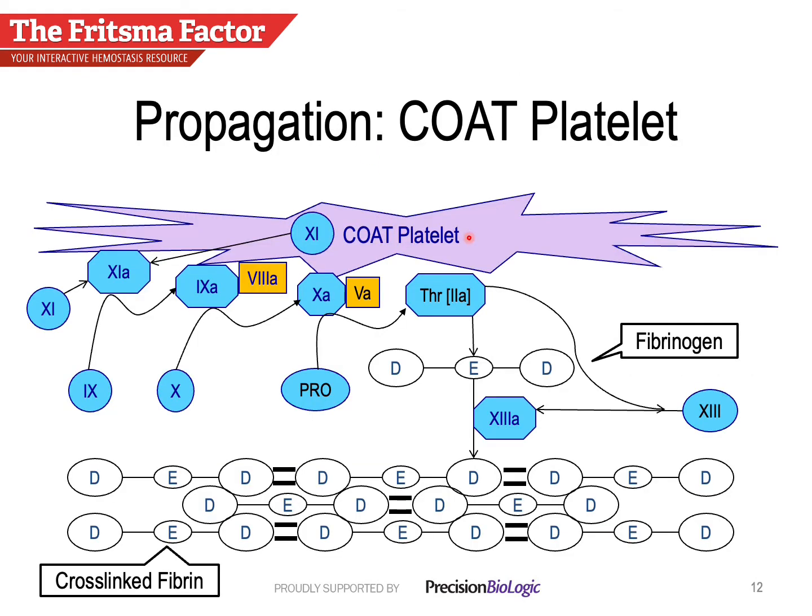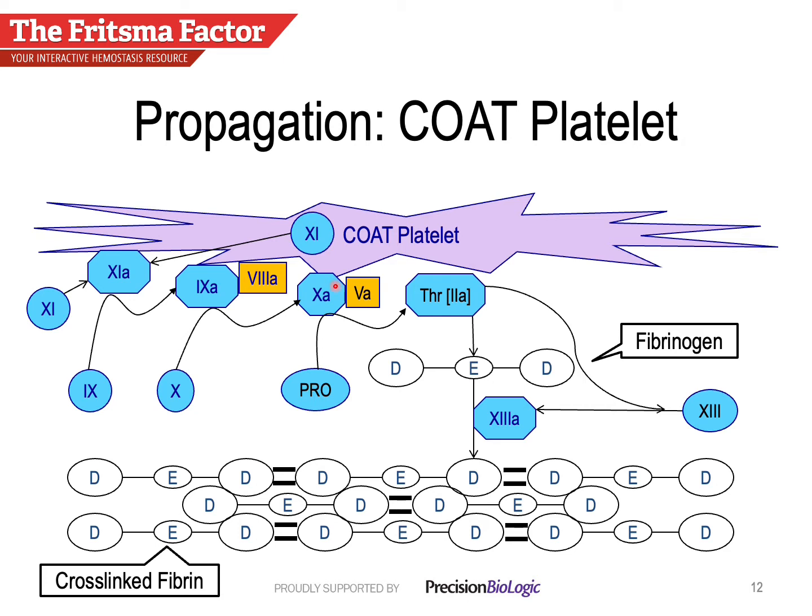The propagation phase is illustrated here as it occurs on the coat platelet, which becomes further activated by thrombin, collagen, and von Willebrand factor. Tenase and prothrombinase complexes now assemble on the fully activated platelet surface.